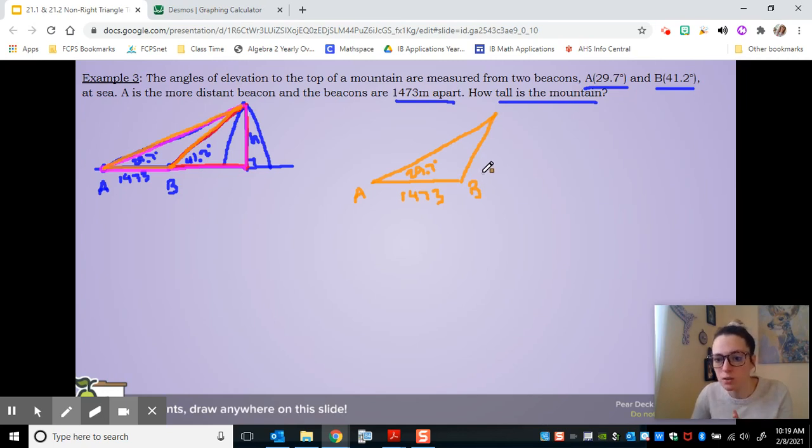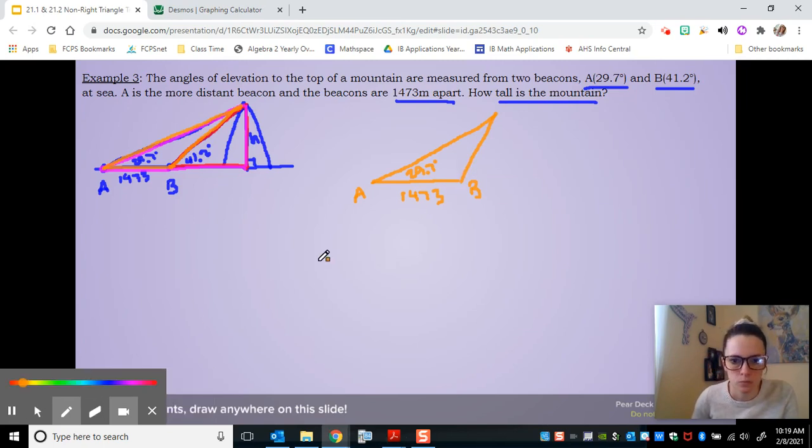But supplementary angles tells me that I can just do 180 minus the 41.2 to get something within the triangle that I'm focusing on, to get this obtuse angle B over here. Which if I do 180 minus that 41.2, I'm going to get, and I'm just going to write it on the outside so I have space, 138.8 degrees.